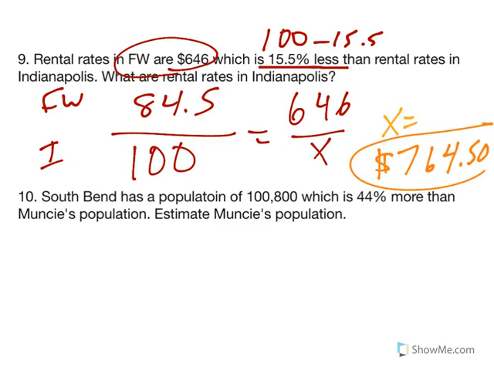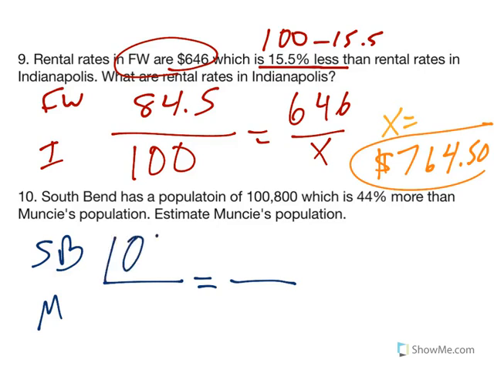Okay, let's look at number 10, South Bend and Muncie. South Bend has a population of 100,800.